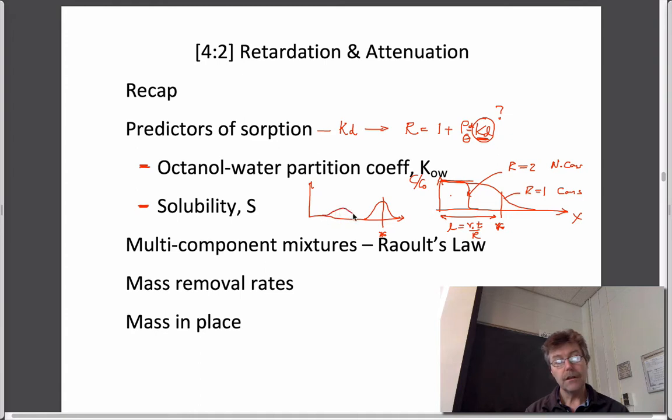So the retarded case, R equals 2 versus retardation equals 1, the concentrations would be lower because some of it is attached to the solid aquifer which has gone through. And so we might want to figure out exactly what those concentrations were. And to do that, we can use the same expressions we've used for these advection dispersion equation solutions, but all we need to do is figure out what the initial concentrations are.